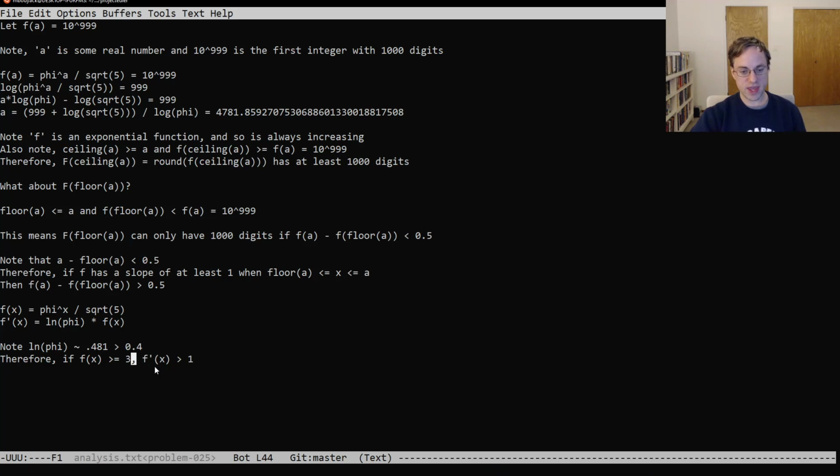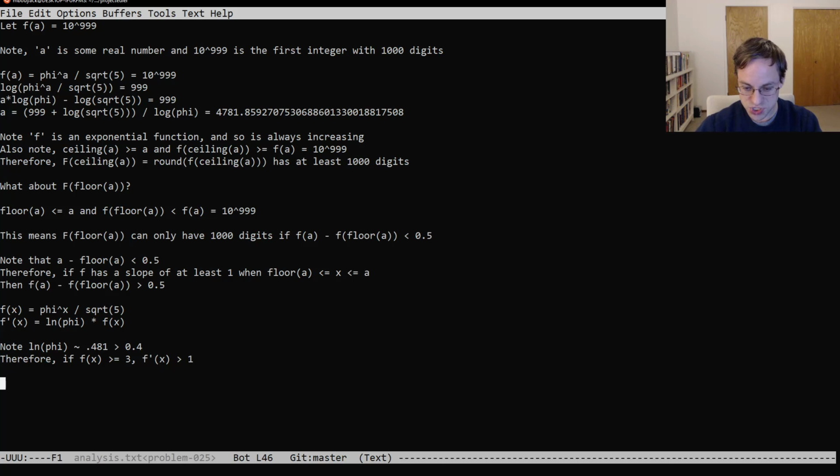Therefore, if f of x is greater than 3, then f prime of x is greater than 1. Okay, so we just need to show that f of x is greater than or equal to 3 over the relevant range. And in fact, it's quite a bit greater than 3. But let's go through the steps to prove it formally.